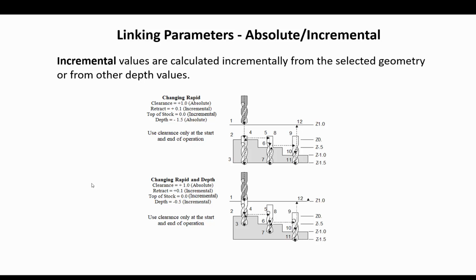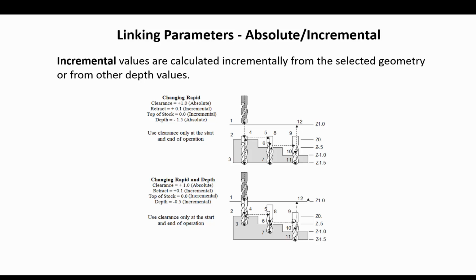In the second example, what is different is that we set the depth to minus 0.5 and incremental. You can see again the tool rapids to the clearance, and then rapids down to the retract level, which is set to 100 thou incremental, and then we'll feed in just half an inch.